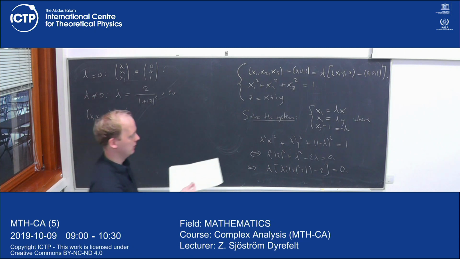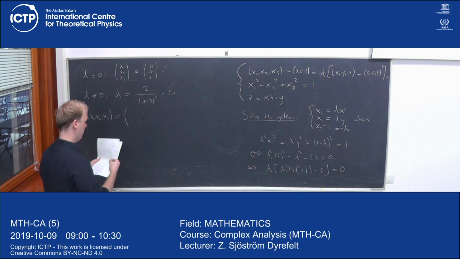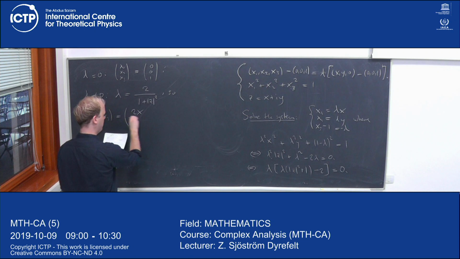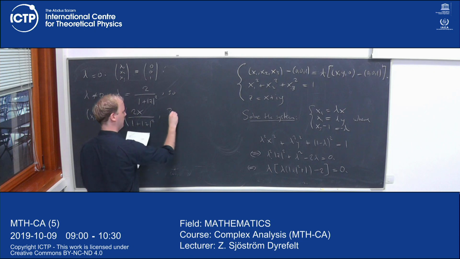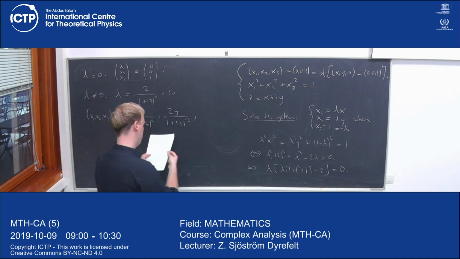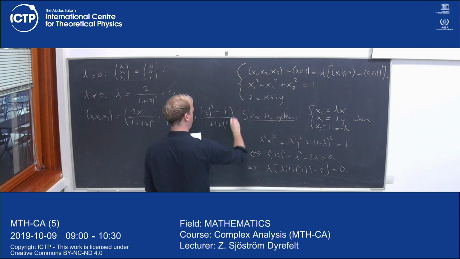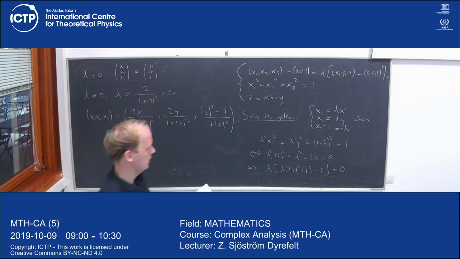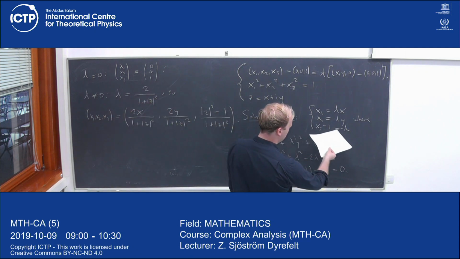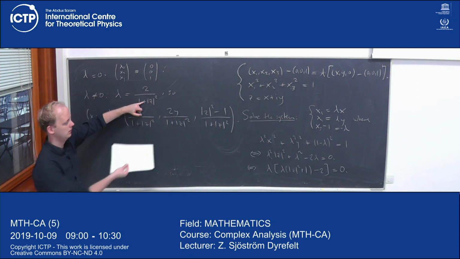So x1 is lambda x, where lambda is equal to 2 divided by this. So it is equal to 2x divided by 1 plus modulus z squared. It's equal to 2y divided by 1 plus modulus z squared. And then x3 was equal to 1 minus lambda, and 1 minus this is equal to this.